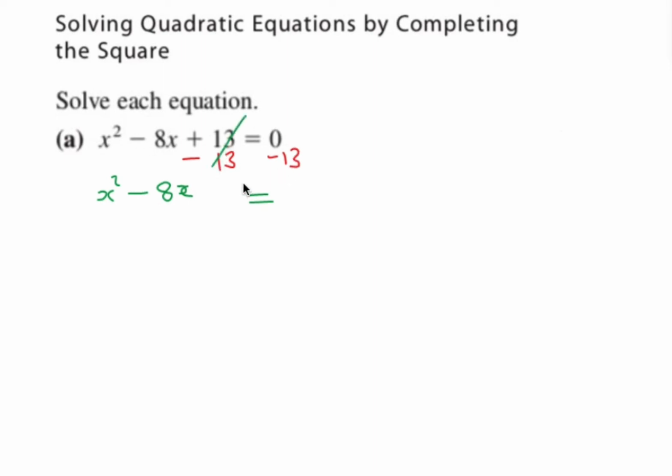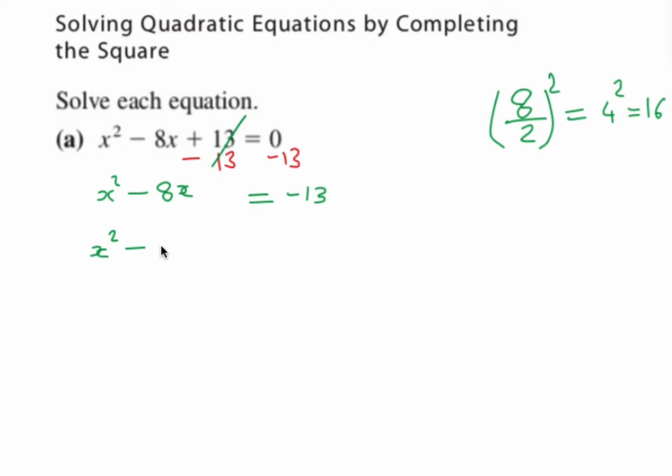So this is cancelled, and 0 minus 13 is minus 13. What is b value here? B value is 8, halve it and then square. So 8 upon 2 is 4, 4 square is 16. So we can add both sides 4 square or 16, your choice.